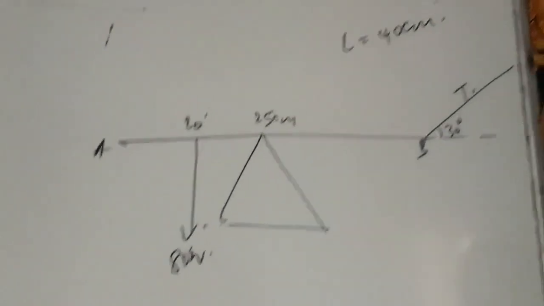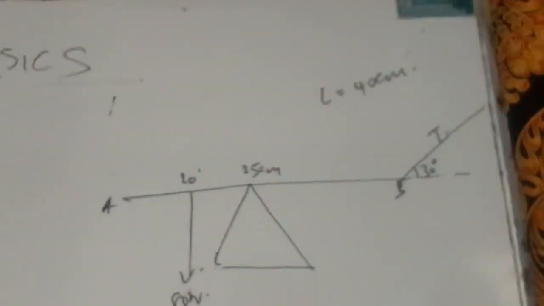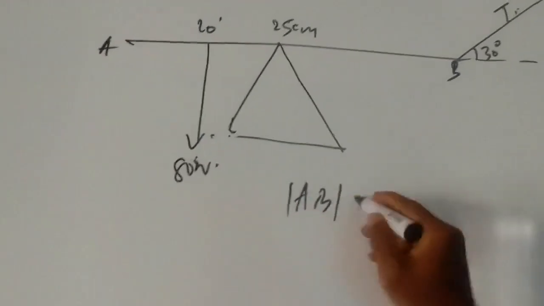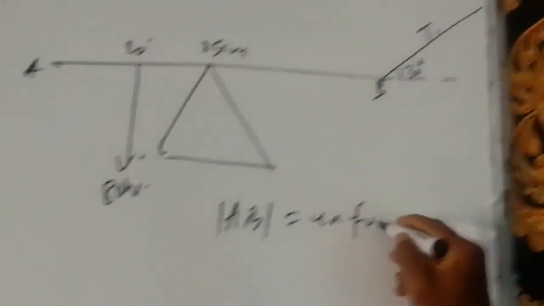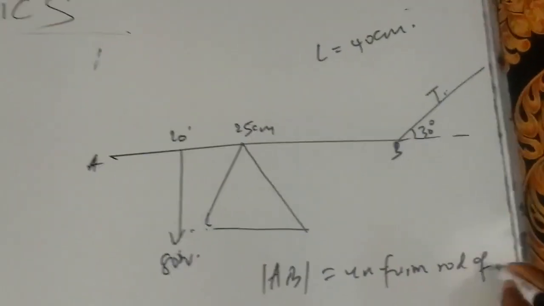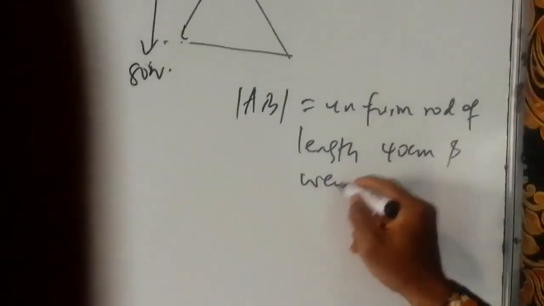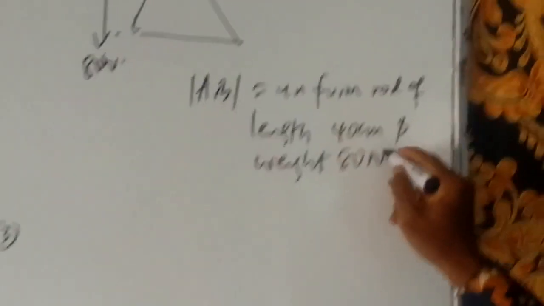So we can say AB is a uniform rod of length 40 cm and weight 80 Newton.